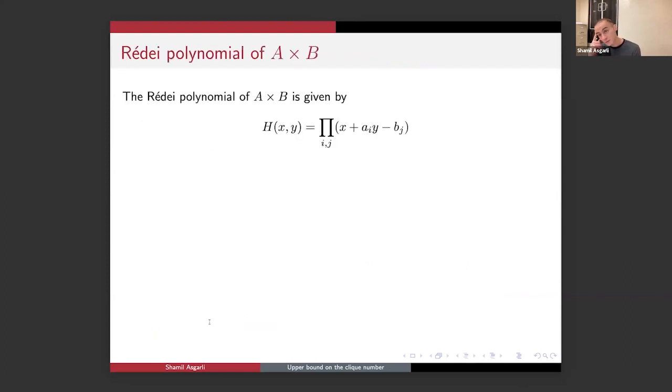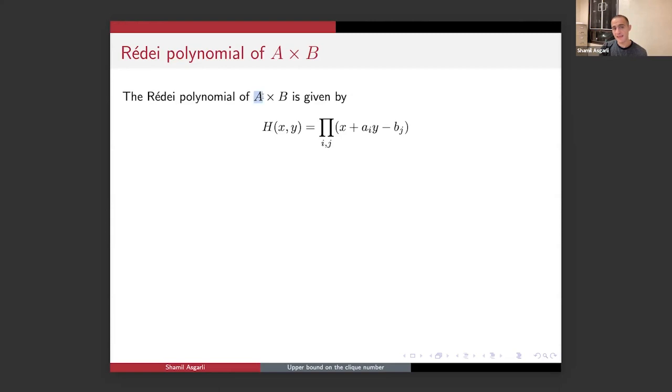Okay, so let's remember the definition of the Rédei polynomial. So the Rédei polynomial is the product over all elements in the set. And it's a product, in this case, over all i and j of x plus a_i y minus b_j.